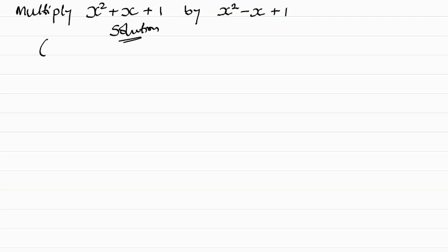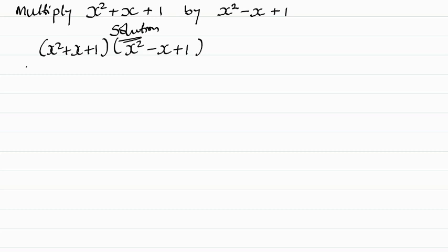Now we write bracket x squared plus 1 plus x plus 1 bracket close, bracket x squared minus x plus 1 bracket close. Now we multiply the equation on our right side by that on our left.